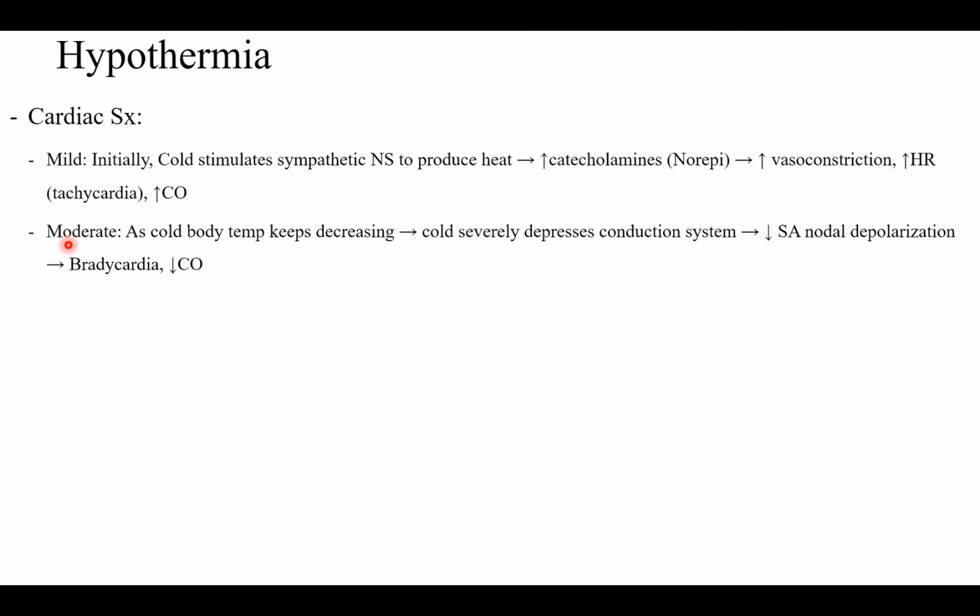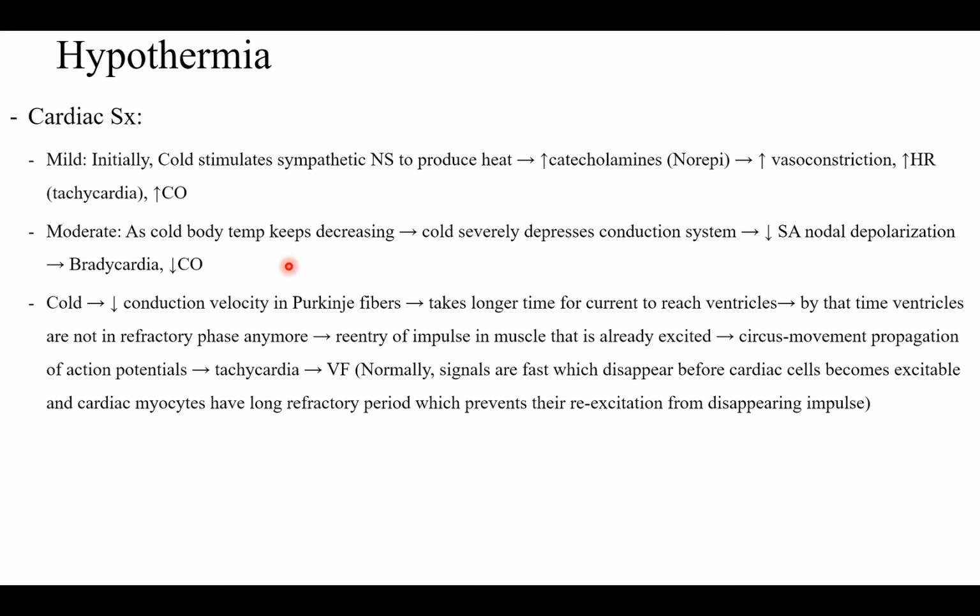As in moderate hypothermia, as body temperature keeps decreasing, cold severely depresses the conduction system and decreases sinoatrial nodal depolarization, and that leads to bradycardia and decrease in cardiac output. Cold also decreases conduction velocity in Purkinje fibers. Now you have current taking a longer time to reach the ventricles.